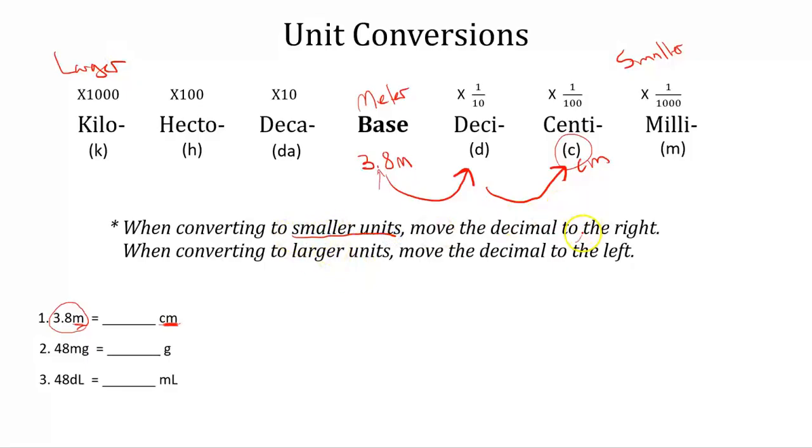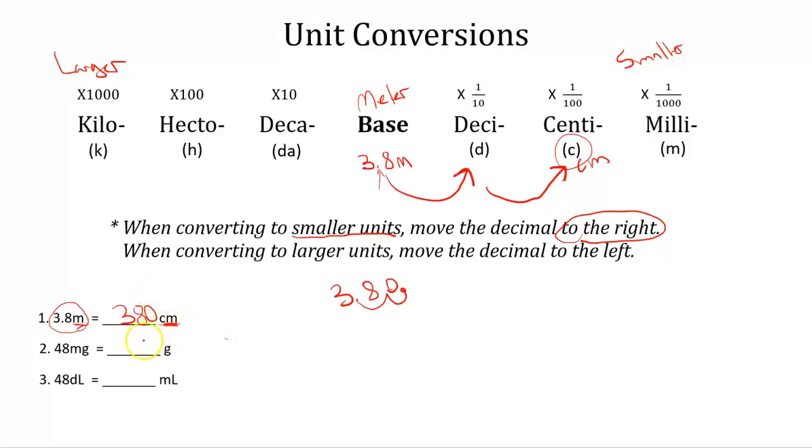I would move the decimal to the right, and I would move it 2 places. So you take that decimal, 3.8, move it 1, 2 spots, fill in a 0 as a placeholder, and now I've got 380 centimeters. So 3.8 meters is the same thing as 380 centimeters. I've just converted from meters to centimeters.